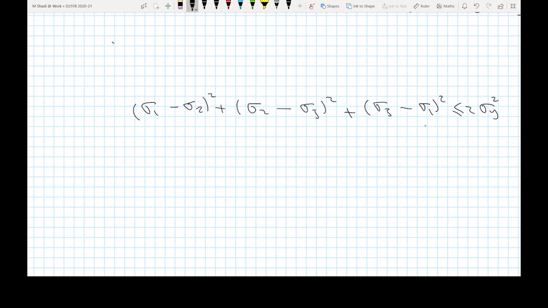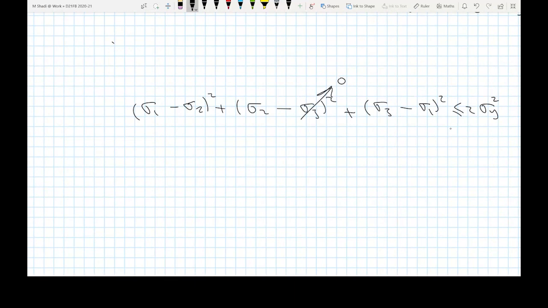I'm just going to keep the squares for the time being because it's easier to draw the curve. In this case, you will struggle to draw a square root function, so it's easier to do it this way. So in this case, I can cancel sigma 3, which will be equal to 0.